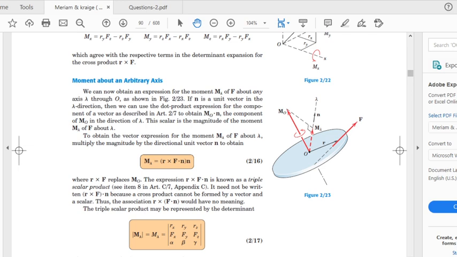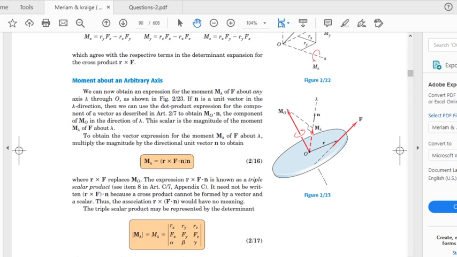So we have to find the unit vector along lambda and then take the dot product of MO with the unit vector along line lambda, and that is going to give us the projection of MO on line lambda, and that is going to be the moment about this line lambda, because this vector MO which is shown in the figure is the direction of the moment.